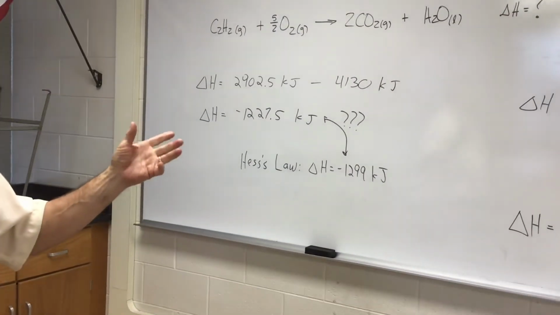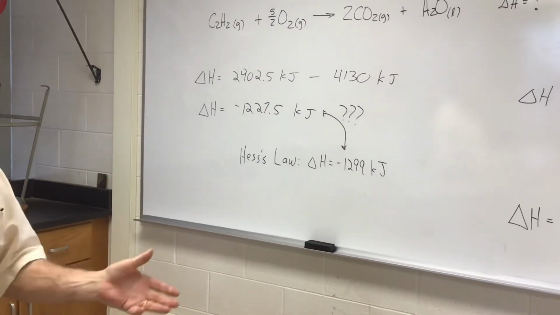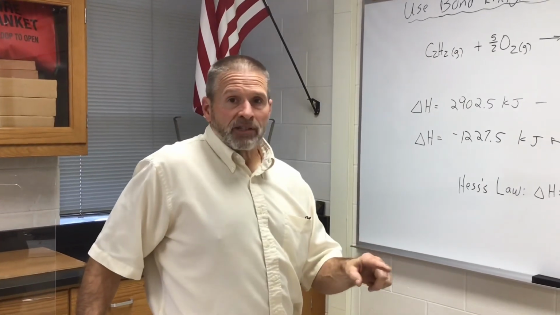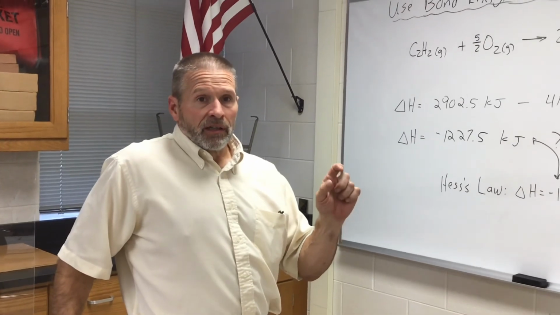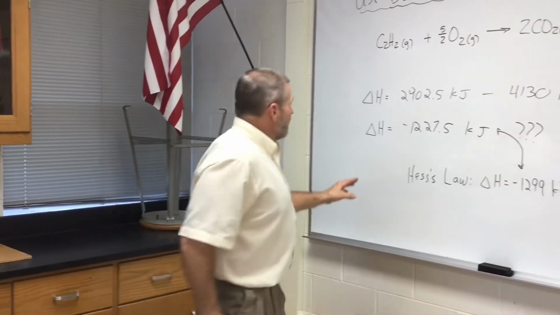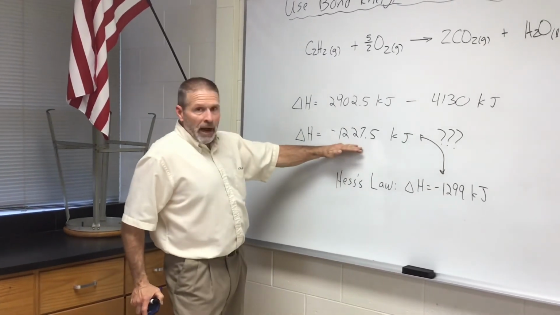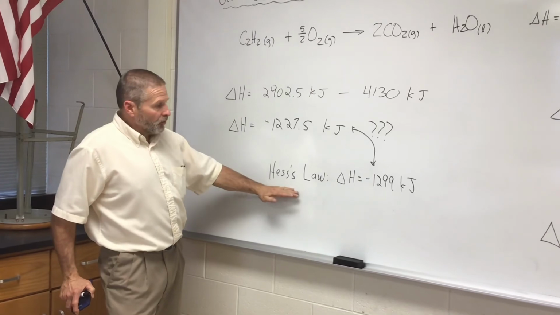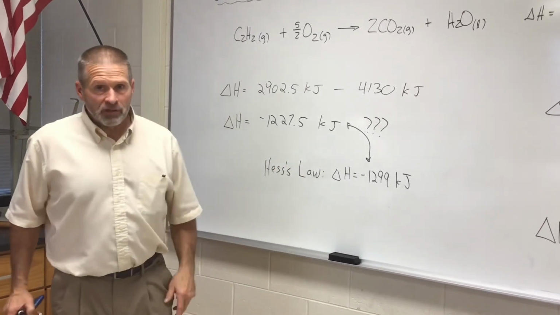They're close, but they don't match because it's 2 different data sources. But also, bond energies are approximate. Bond energies vary depending on the molecule. So this bond energy number is much more of an approximation. When you're using Hess's law or enthalpy of formation, those values are going to be much more accurate.